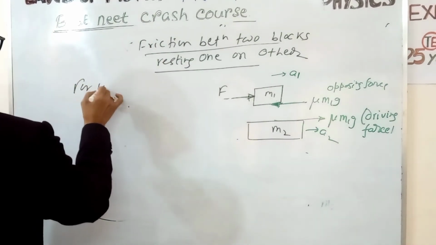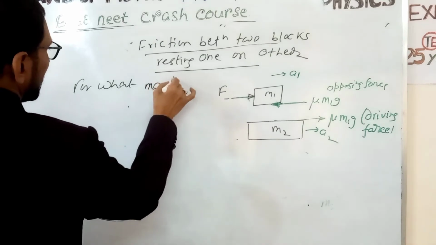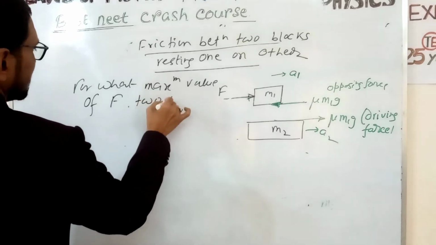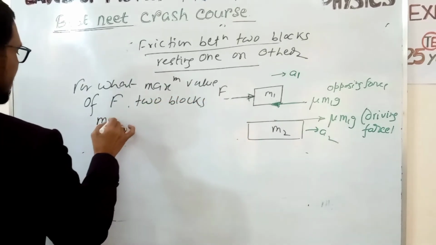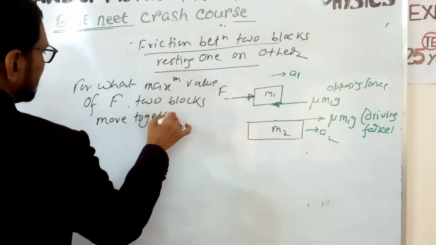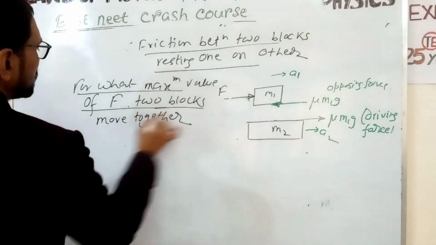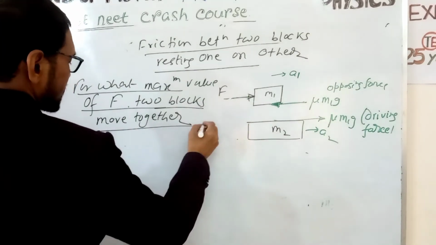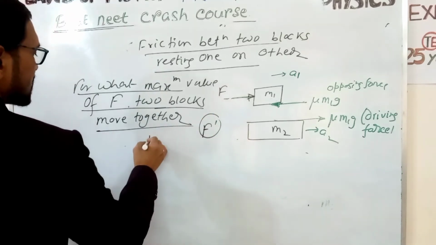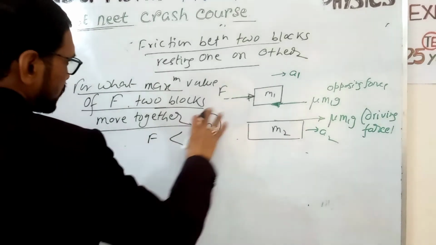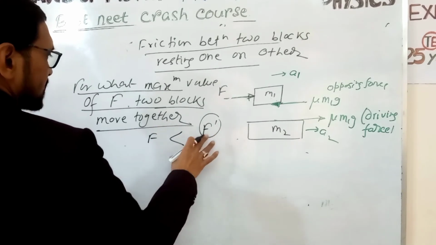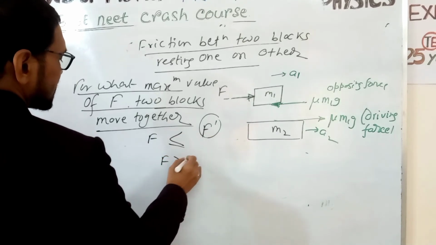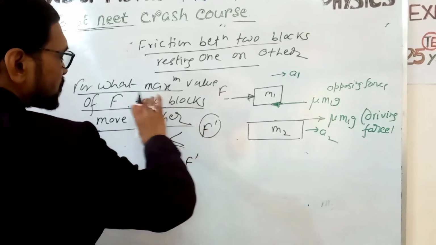For what maximum value of F do two blocks move together? Suppose we get this value as F dash. Now for force less than F dash, two blocks move together, this is fine, and up to F dash two blocks move together. If force is greater than F dash, then the two bodies move separately.